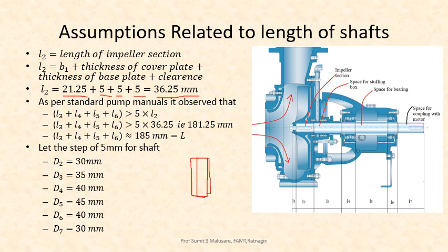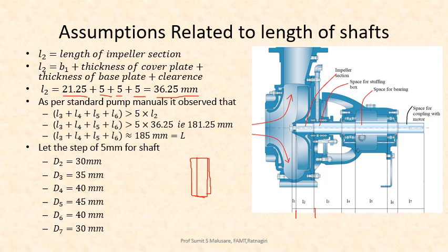Now how to assume this length? It means that we have made the assumptions for L2. Now how to make the assumptions for the remaining lengths? For that reason, just try to refer to the Kirloskar Pump Division manuals, because in any of the standard books you won't find such kind of assumptions or suggestions.